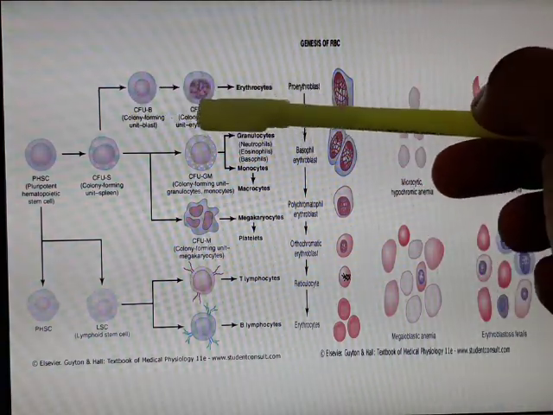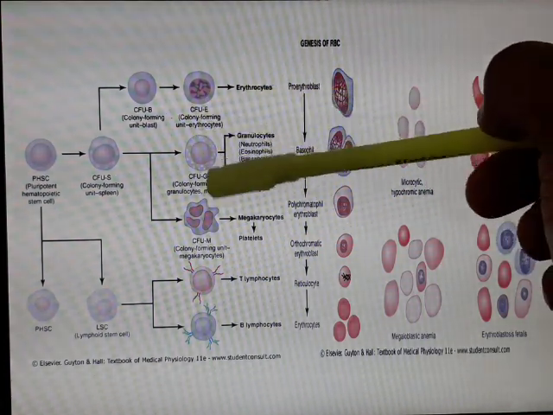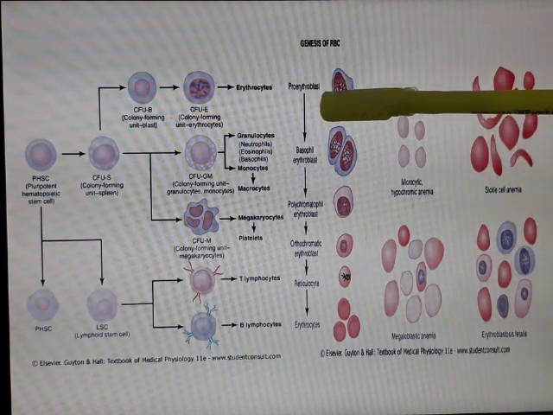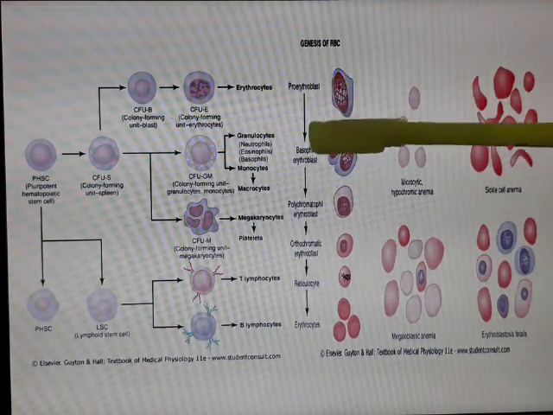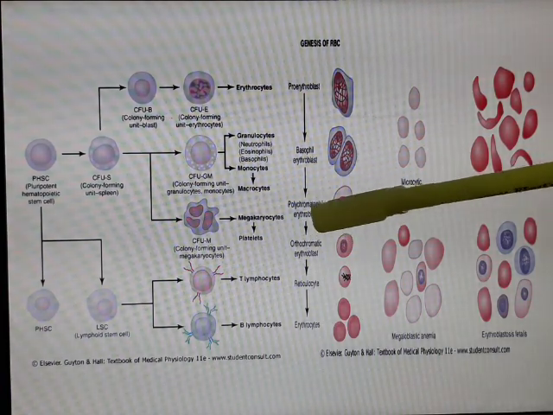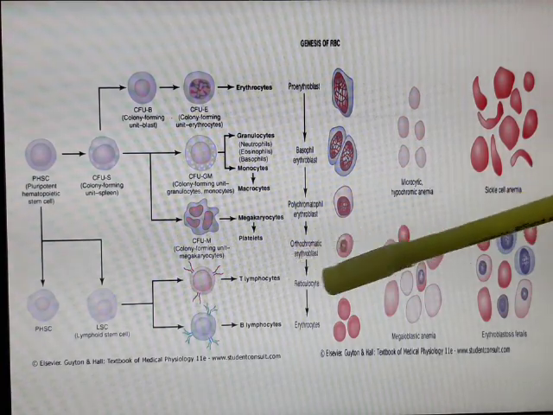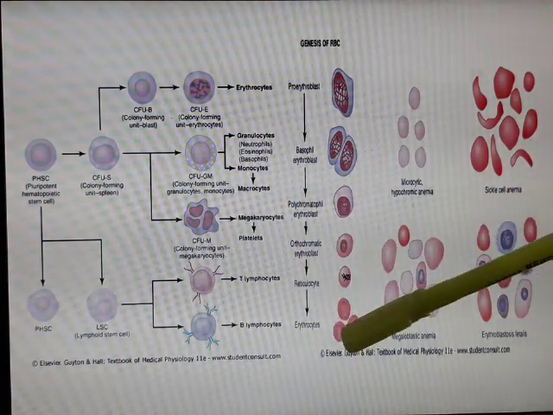Ultimately, it converts to colony forming unit-erythrocytes. Now this converts to pro-erythroblast, then basophil erythroblast, then polychromatophil erythroblast, then orthochromatic erythroblast, then reticulocyte, and finally erythrocytes.